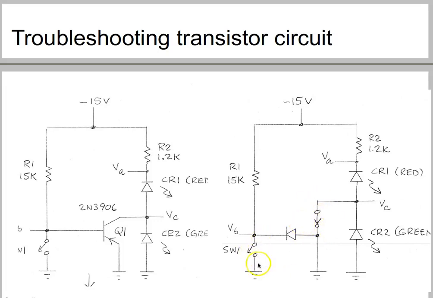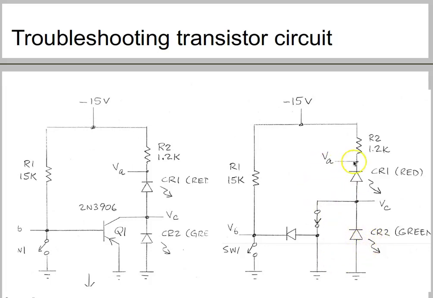Now, when the switch is closed, what will happen? That means your transistor is off. So when the transistor is off, your CR1 and CR2 both are forward biased, and both will turn on. In short, when switch 1 is closed, CR1 and CR2 will both be on.